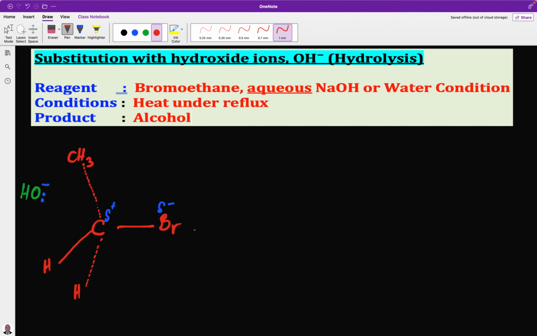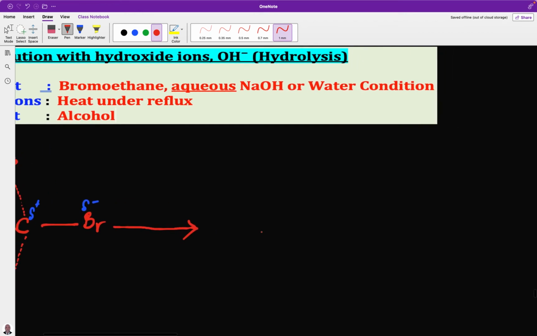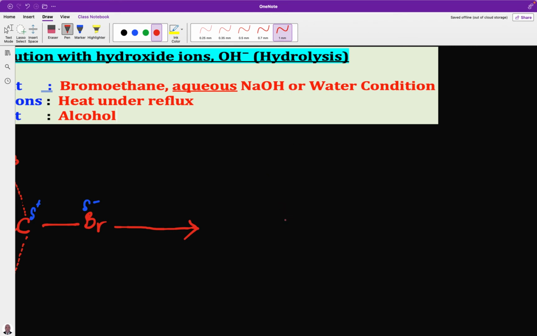I said it is a one-step reaction in which this is the transition state that I'm trying to form like this.